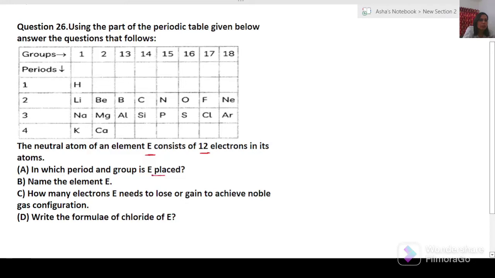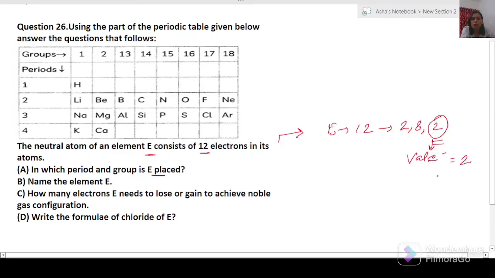E has atomic number 12. Its electronic configuration is 2, 8, 2. So valence electrons are 2 here, right? So it will be in group 2.